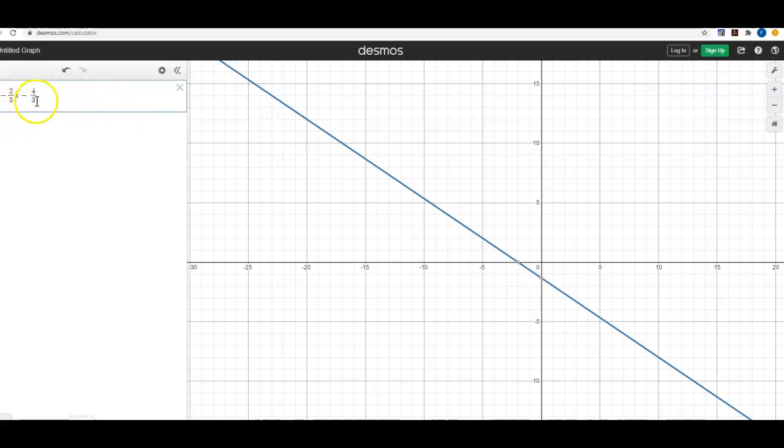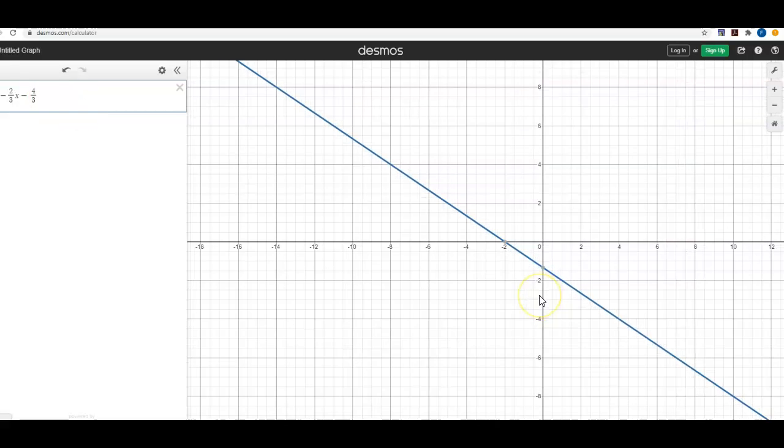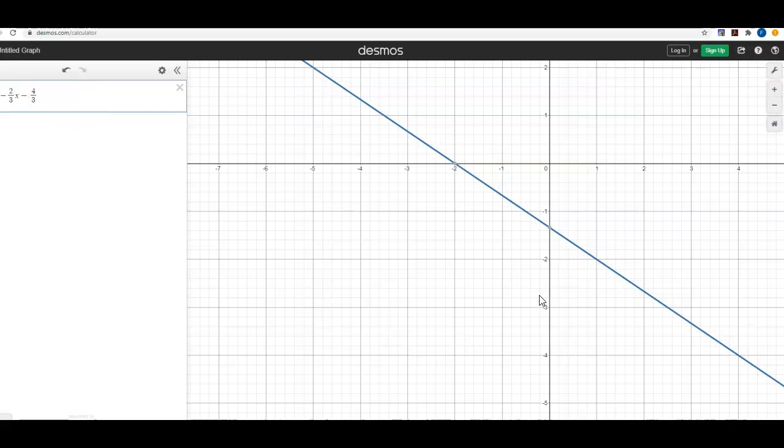So here we're going to have the equation. And if you notice, we can either scroll in and closely look at the x and y intercepts. And what's nice about using Desmos is that when you click on that point, it's going to tell you what that point is, where it crosses the x and y axis. And same thing over here. When you click on that point, it's going to tell you where it crosses the x and y axis.